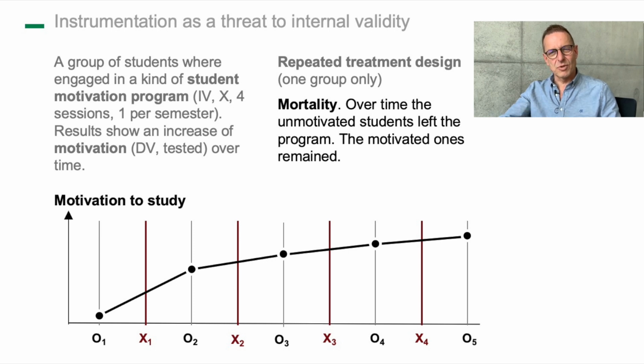So it could be that motivation increases over time because you lose the unmotivated. So the motivated, they stay. And at the end, you have only the motivated left. Of course, motivation goes up, but not because of your motivation program, but just because you lost the unmotivated ones.